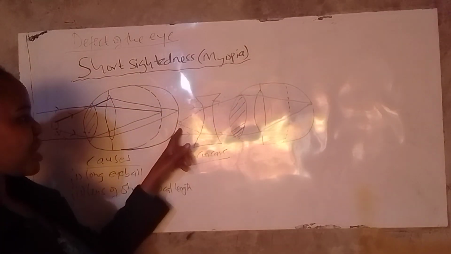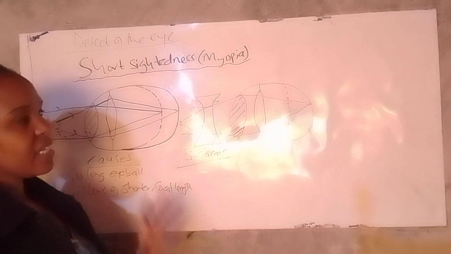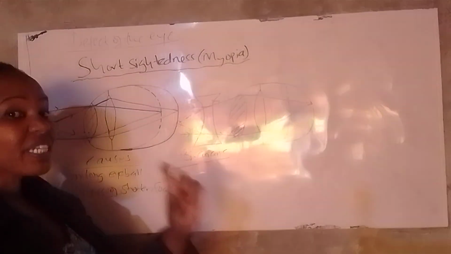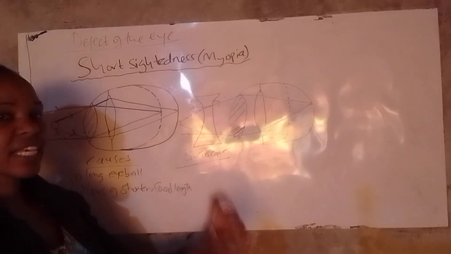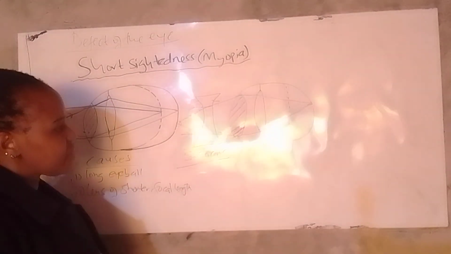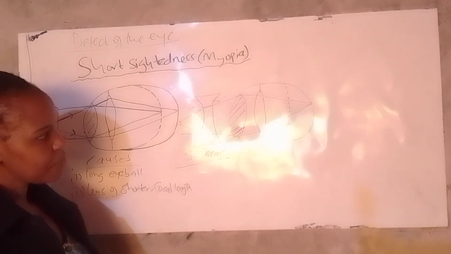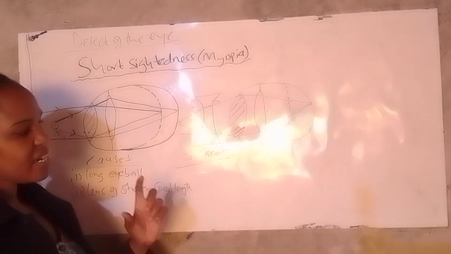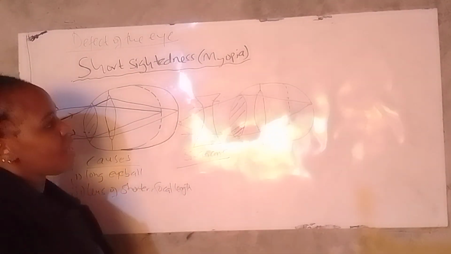But this object here is a virtual object, a far object that has been brought close, to look like it is at the same distance as a near object. So that is the diagram. We have used a biconcave lens, a diverging lens.